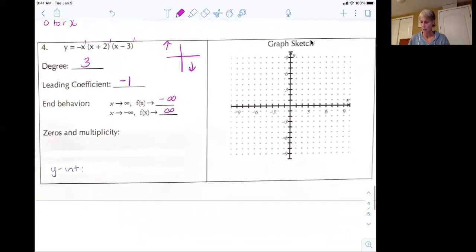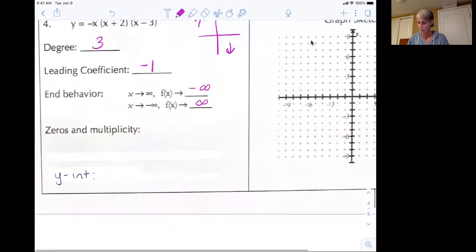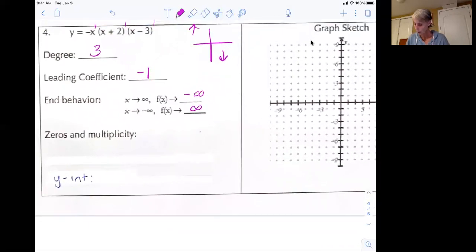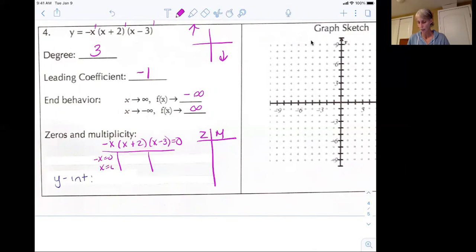My zeros and multiplicity, I'm going to start with my original function, set each factor equal to 0. So -x equals 0 is just x equals 0, x equals -2, and x equals 3.